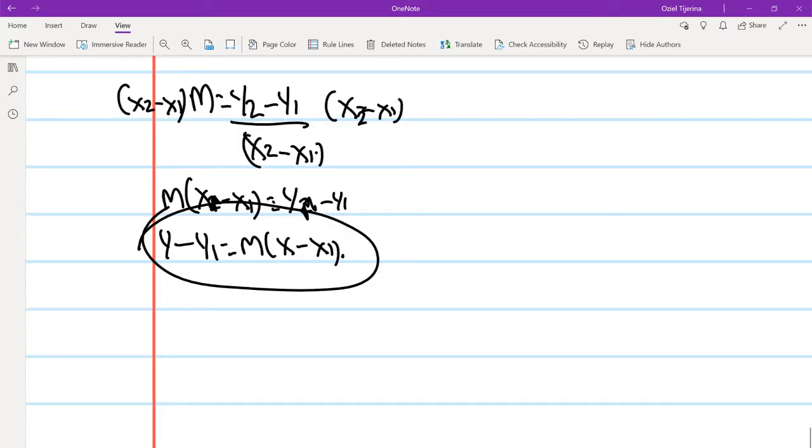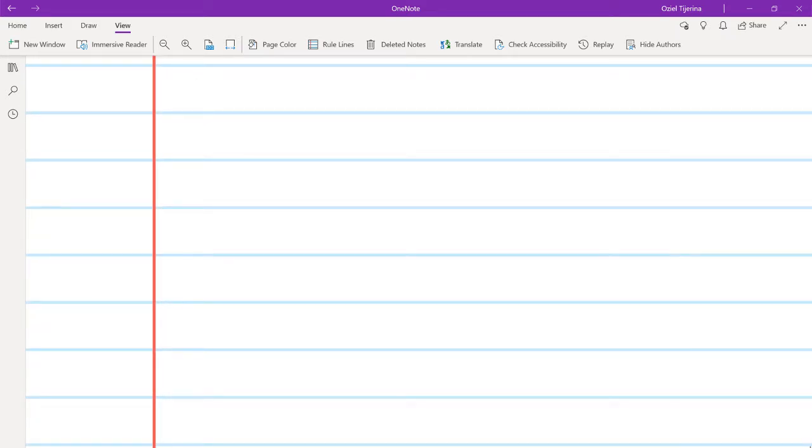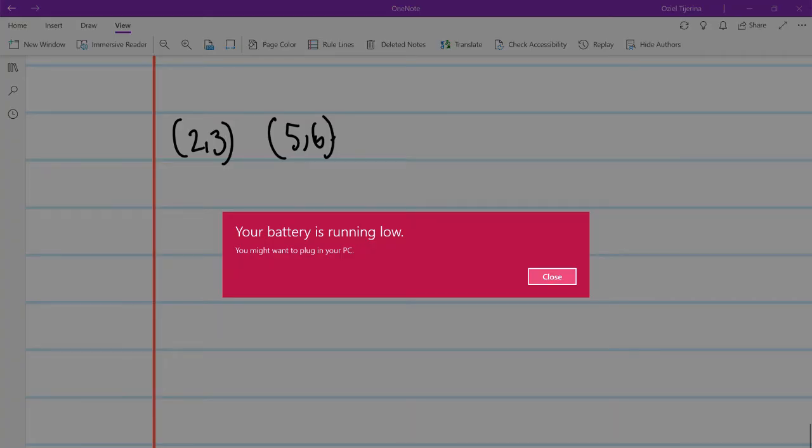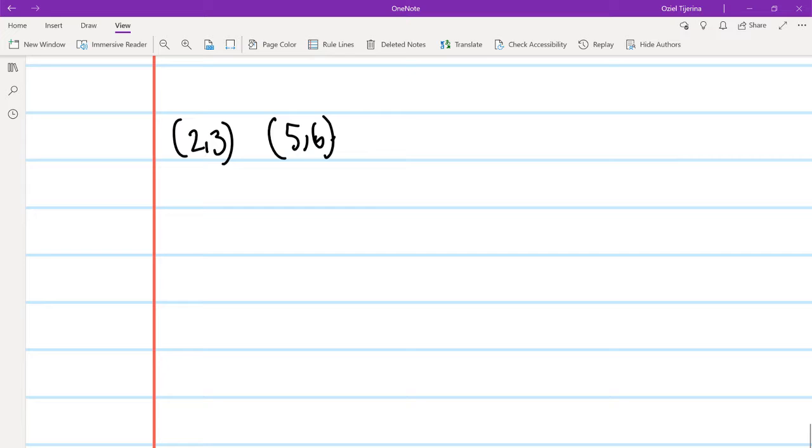So let's say that we had the points 2, 3, and I don't know, like 5, 6. And we want to write a formula between these 2 points.